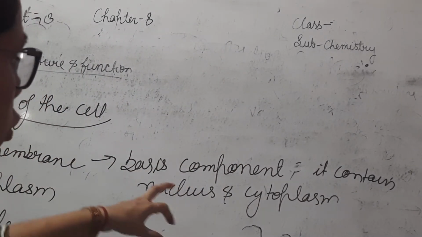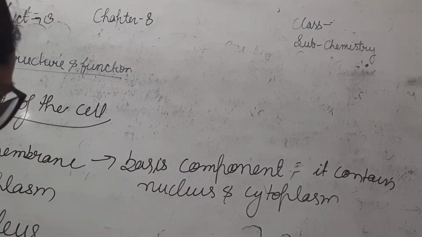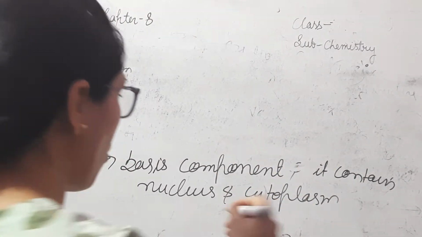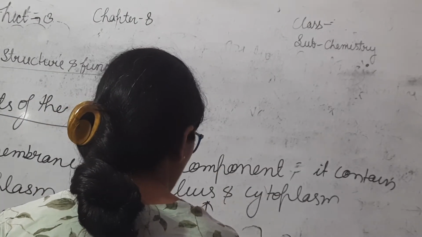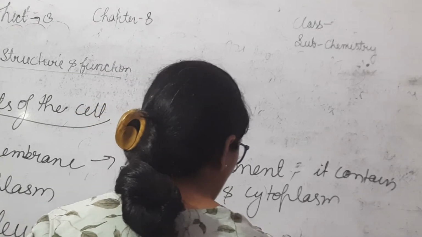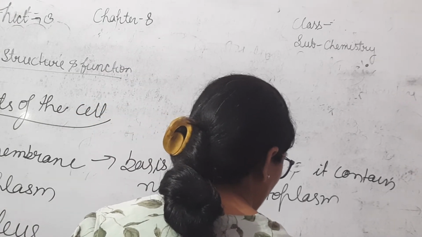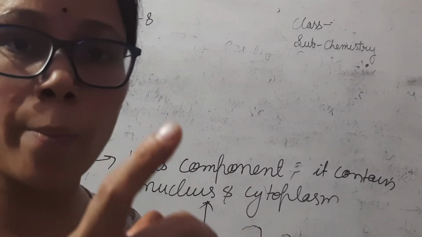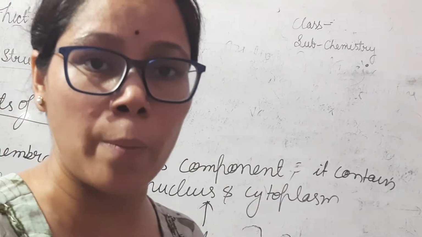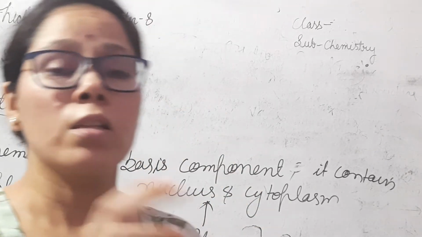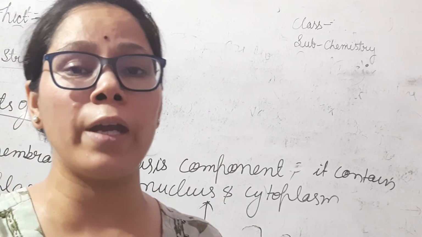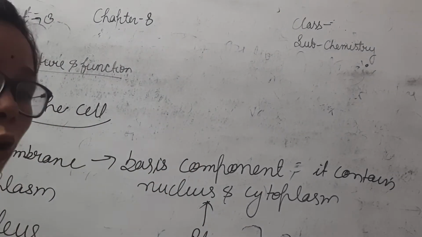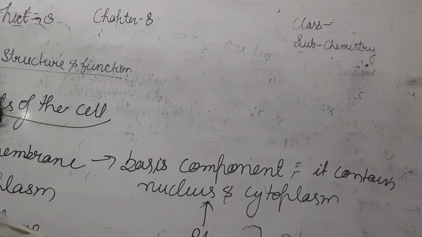This cell membrane is also known as plasma membrane. Plasma membrane is porous and semi-permeable. It allows different substances to go inward and outward. So this is the cell membrane.